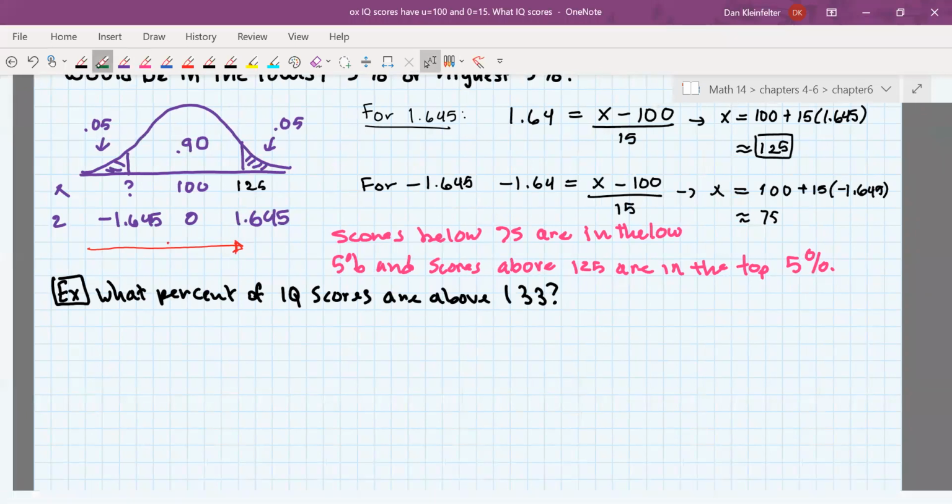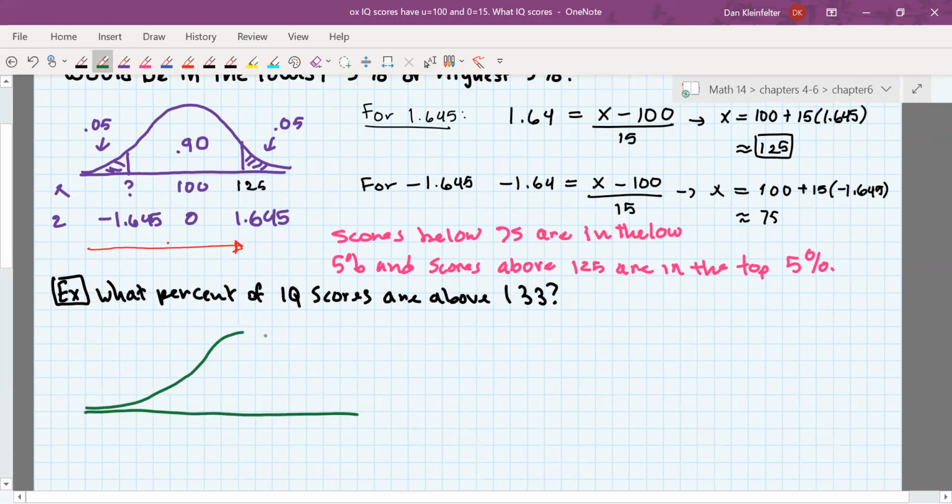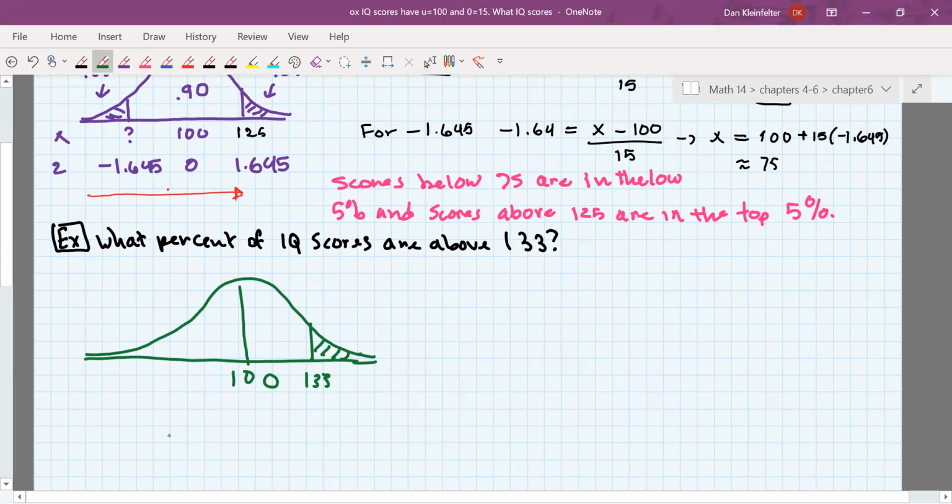All right. Next, we want to know what percentage of IQ scores are above 133. My guess is it's going to be relatively few because 133 is more than 2 standard deviations above the mean, but let's find out. So our x values are 100 for the mean and 133 for the particular x we're looking for.